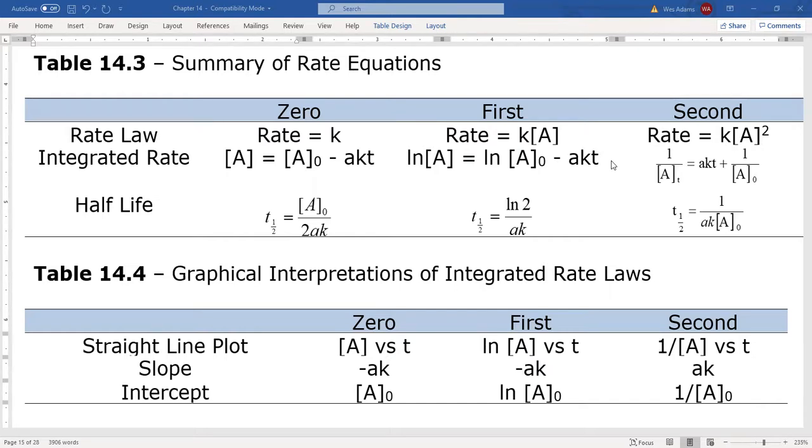Now notice for the 0 and the first, negative ak is the slope, but positive ak is the slope for the second. And then the intercept for the 0 is our initial concentration. For the first, it's the natural log of the initial concentration, and for the second, it's 1 over the initial concentration. And so using this handy dandy sort of table, you should be able to keep all of your formulas for this straight.